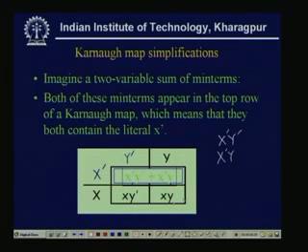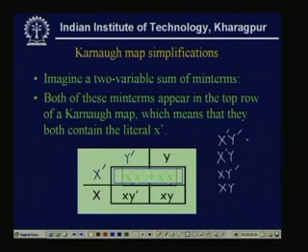Now, we consider the second row. For the second row the literal is x. So, x y dash represents the first element of the second row, and similarly the second element of the second row is x y, where the second column represents y and the second row represents x.